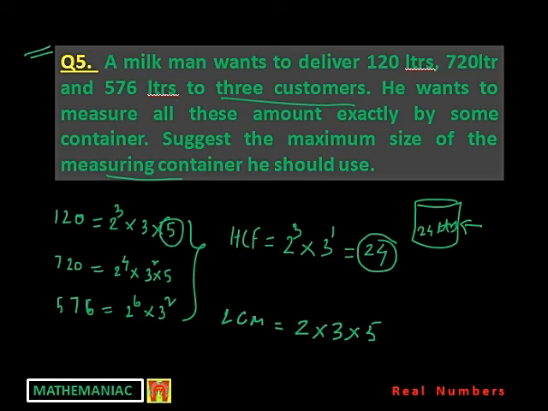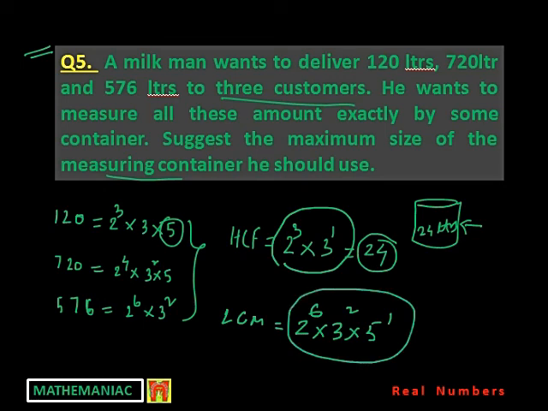Moreover, in LCM you raise the highest powers, right? So here it is 2. If you raise the highest powers of the prime factors, and here you raise the lowest powers, very obviously each of these prime factors with their powers will be dividing this.